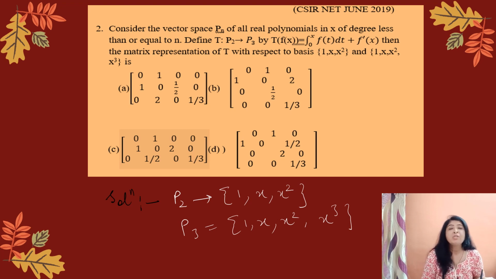So the dimension of the matrix associated with the linear transformation T will be 4 by 3. Clear? So we have to find a matrix of order 4 by 3.